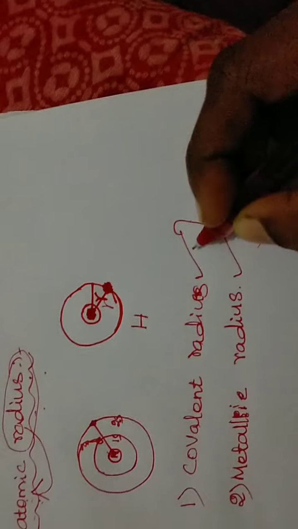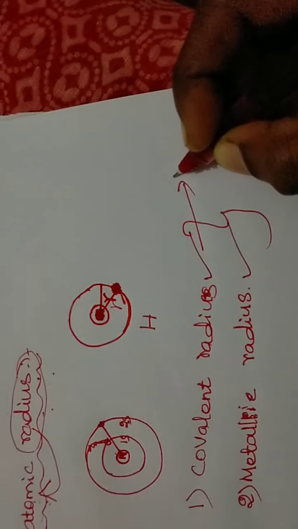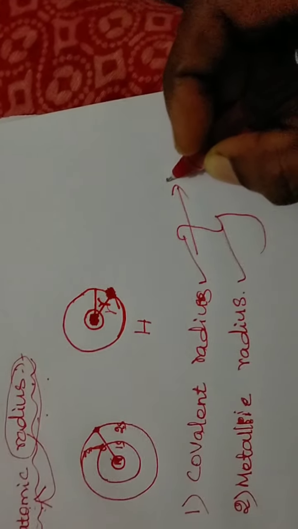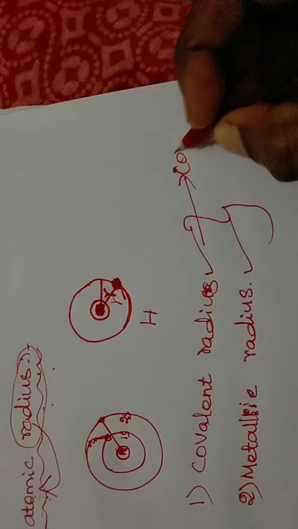Covalent radius means the atoms are connected together by a covalent bond.